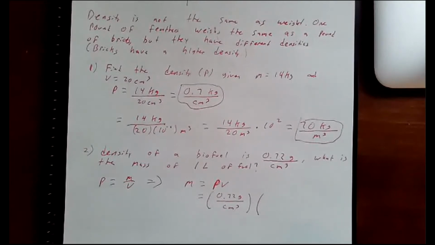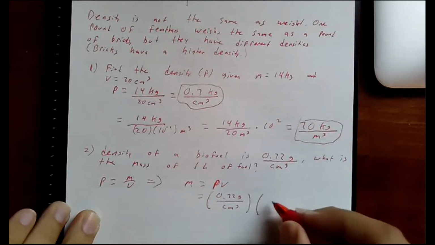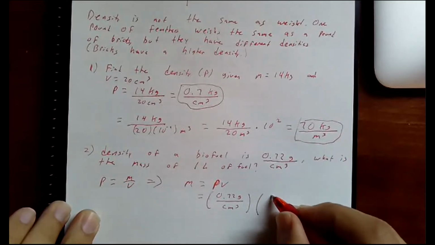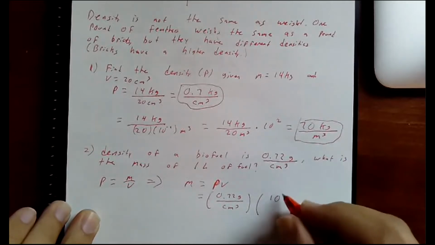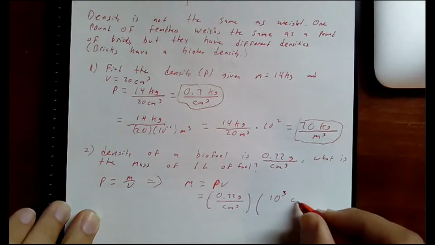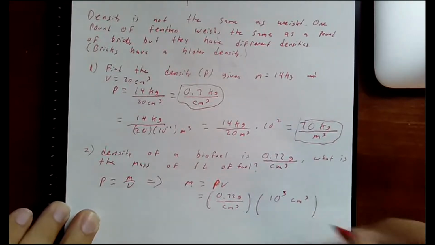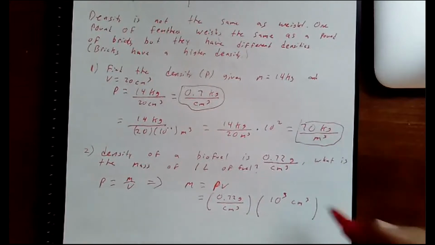Multiplying by 1 liter wouldn't help us at all. So we need to look up or know how much it needs to be. So they gotta tell us or we gotta find it. So it's about 10 cubed centimeters cubed in 1 liter of fuel, biofuel. This is how much volume it is in centimeters cubed.